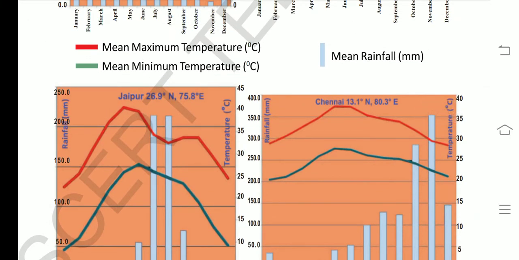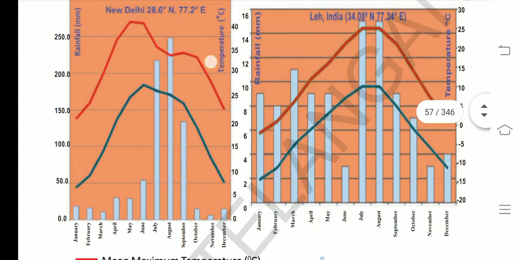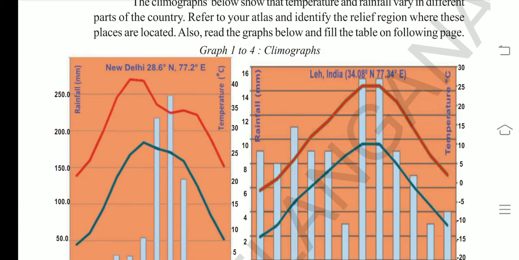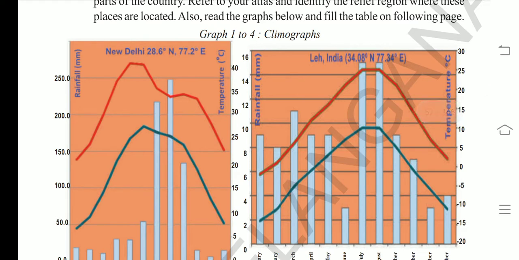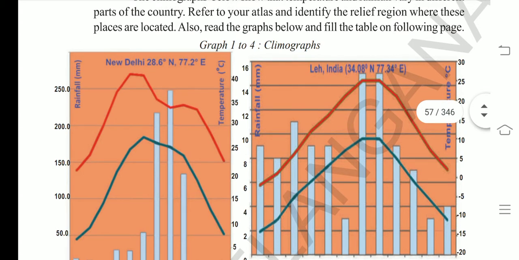Look at that. This is New Delhi. The first graph, graph one, is showing the New Delhi climograph. Then the second graph, graph two, is related to Leh, which is in Jammu and Kashmir. Here you see New Delhi and Leh.